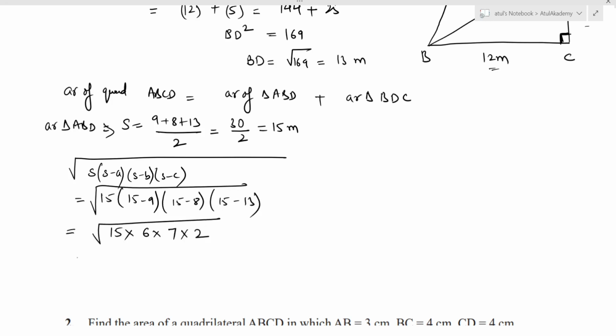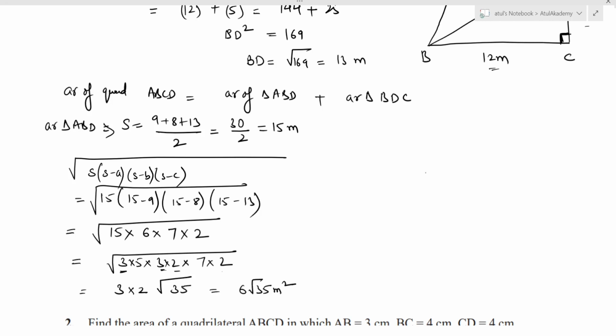So let's make pairs. How will I make pairs? It's 3 into 5, 3 into 2, 7 and 2. So how many pairs do I have? 3, 1 pair. 2, 1 pair. That will come out. 5 into 7, no pair. So we'll just multiply them. So what I'm getting is 6 root 35 meters square. That's the area of that triangle.